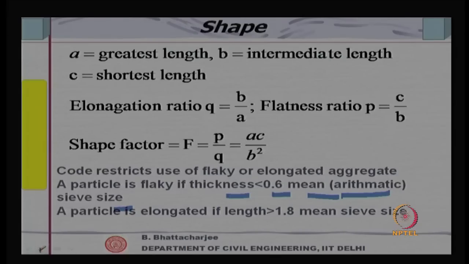It is elongated if the length is more than 1.8 times the mean sieve size. So, you allow it to pass through some sieve and find its longest dimension compared to the sieve size, because it can still just pass through the sieve vertically. If the length is more than 1.8 times, then we call it elongated.